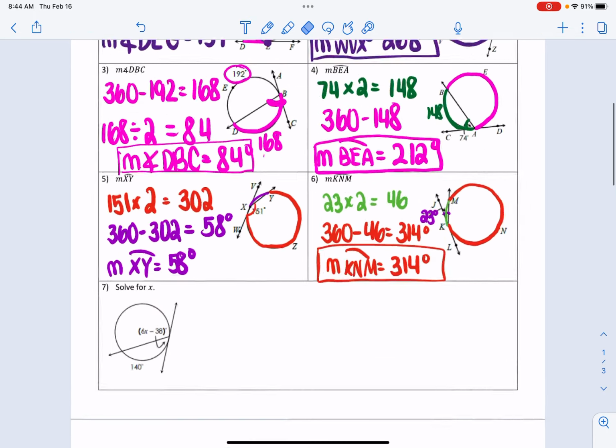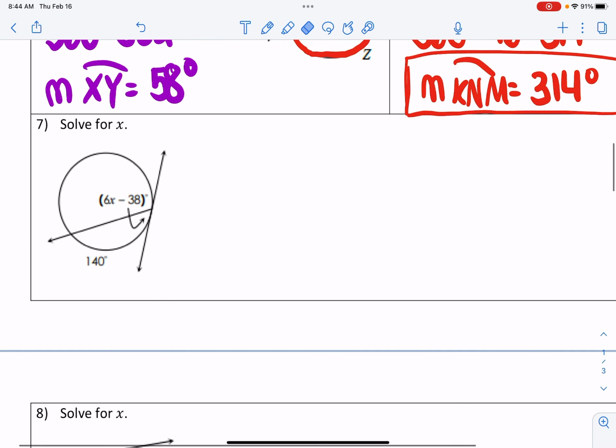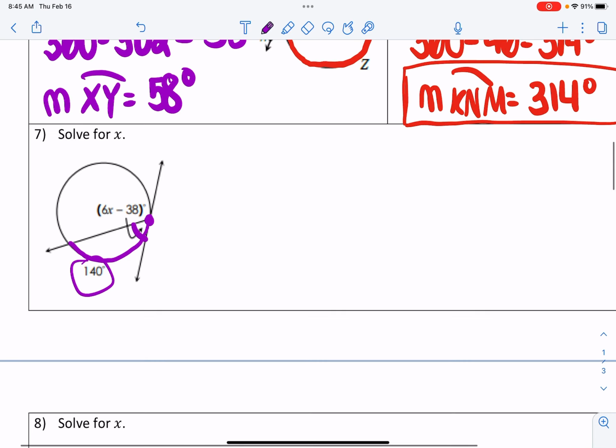So for number 7, there's a couple options of what you can do. Okay, the first thing I want to notice is that angle is where x is located. The intercepted arc is what starts here and then goes all the way around to that other line, so that's 140. I know that this is double that angle. So if I want to set that angle equal to something, I want to cut 140 in half first by dividing by 2.